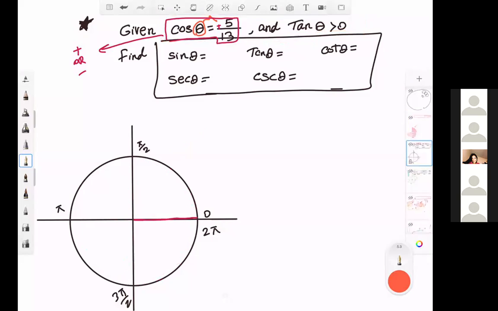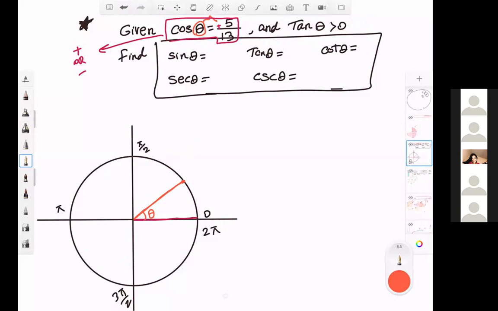So I'm going to go back to this. I randomly make something like this, and I call this one theta. Not exactly theta there. It might be here, it might be there, but because we don't know the value of theta, I randomly pick that as theta.